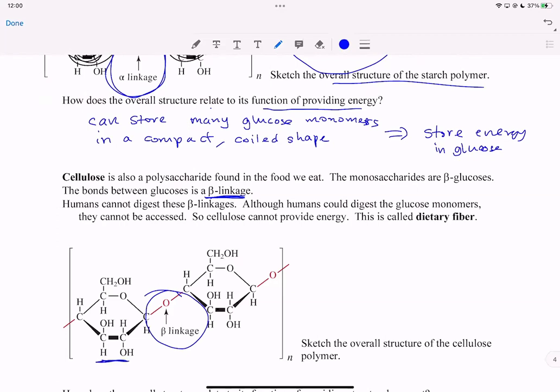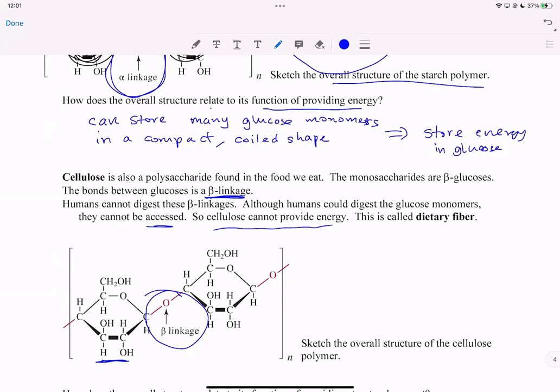You cannot break those apart in the first place. So you can't access any of those glucoses. For that reason, cellulose can't provide any energy, because you cannot break apart those glucoses. And so they're all still stuck together.